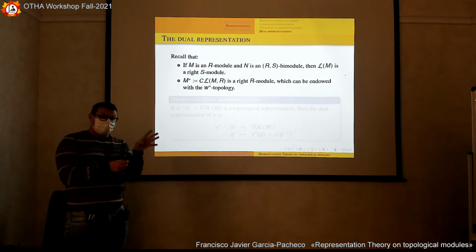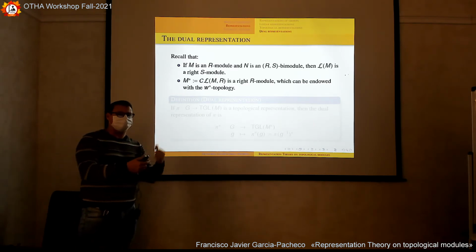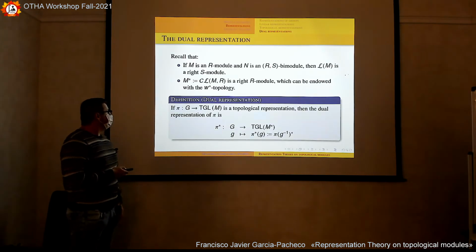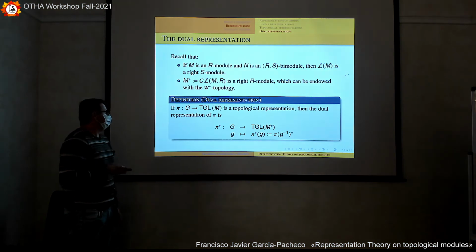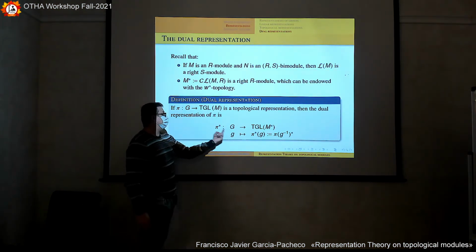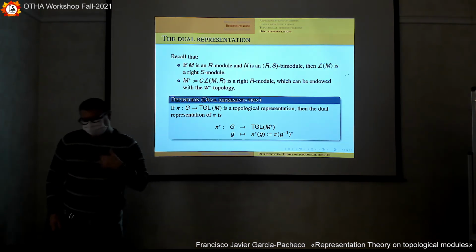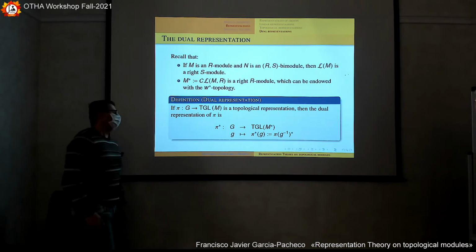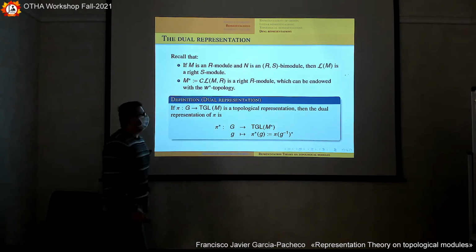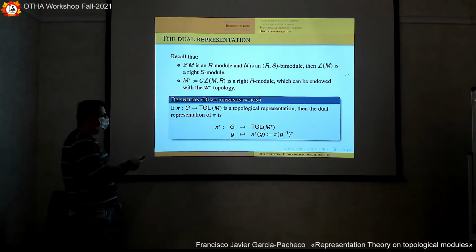If you have a left module, the dual is a right module, and the bidual is a left module. It's a switch. And the dual representation of a topological representation is defined the same way as the star representation of a representation of a group on a star ring. So this is why star representations are considered.